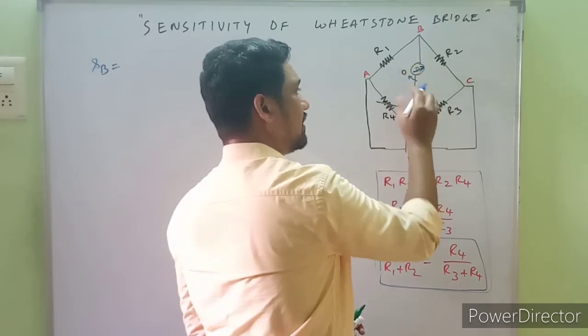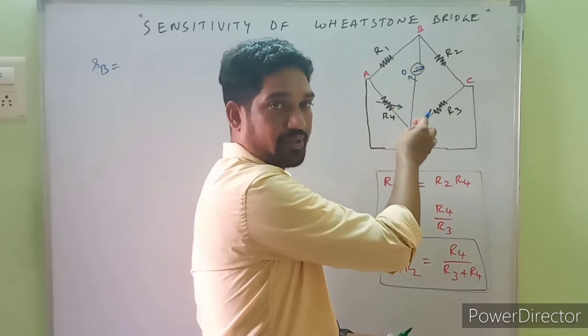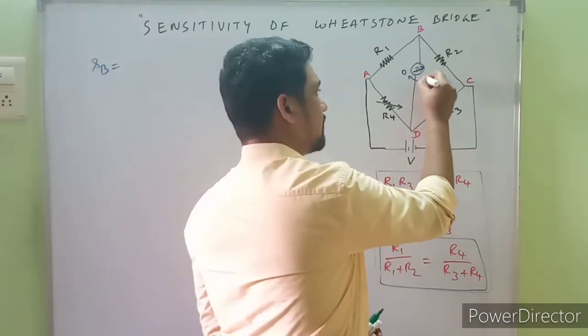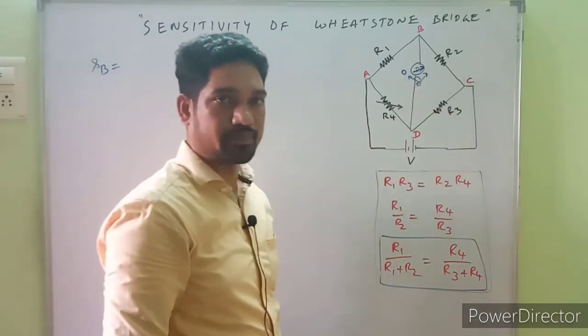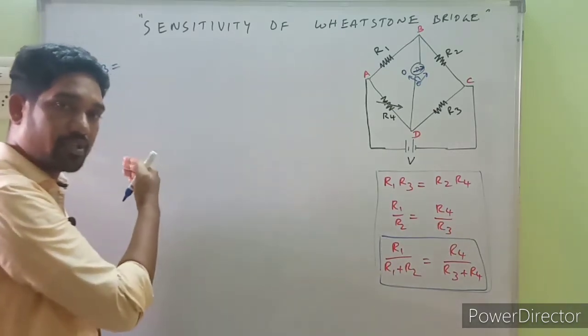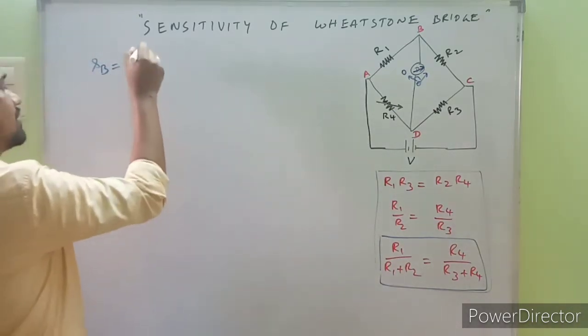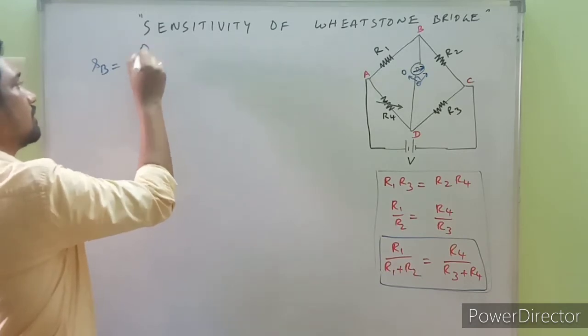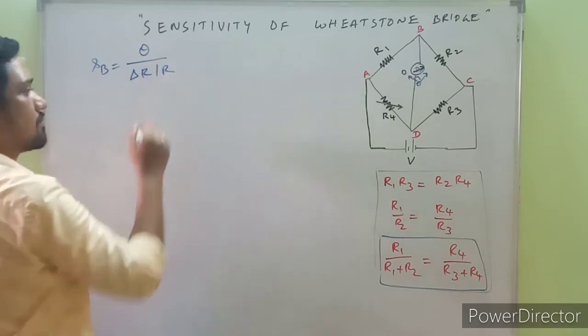With the increase in current, the galvanometer deflection increases. So this may be the position, and this is the amount of deflection theta. From this action, the sensitivity of a Wheatstone bridge is defined. It's the deflection per fractional change in resistance.